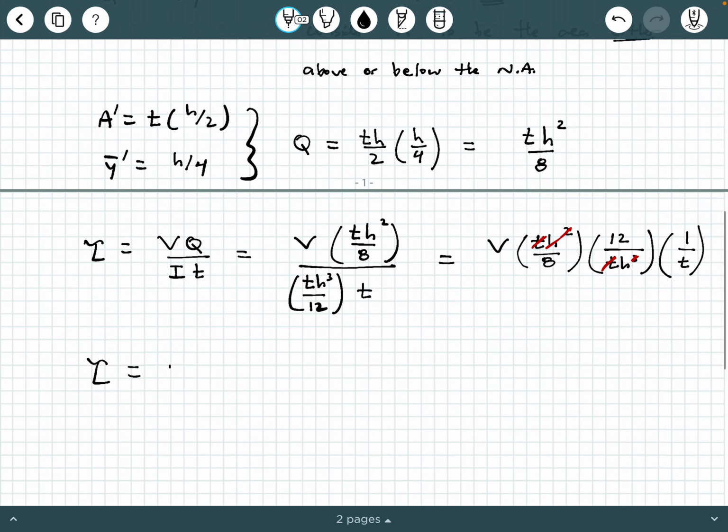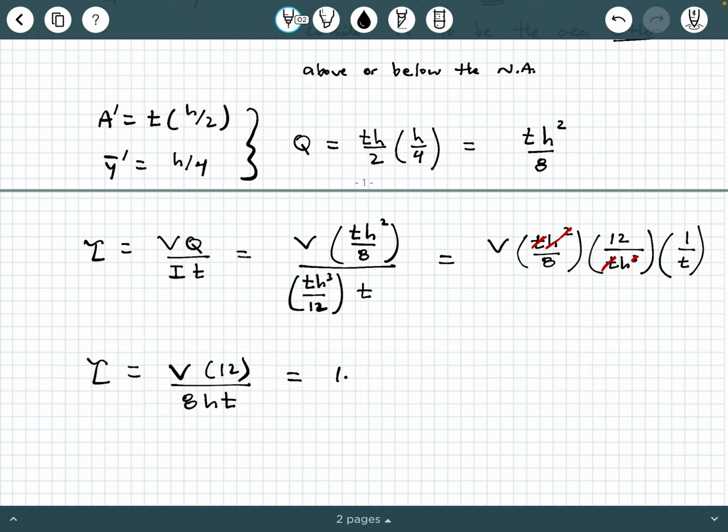Well, you still have V there, and then you have times 12, and then you have divided by 8 h T. Now, what is 12 over 8? Well, that's just 1.5.